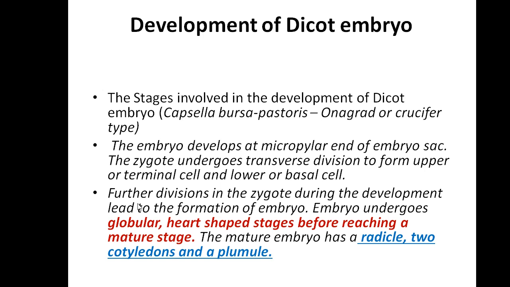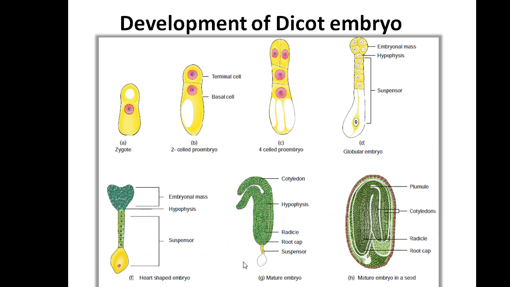If you look at the zygote, the embryo is first in the globular shape, next in the heart shape, and next it reaches the mature stage. The mature embryo consists of the radicle, which becomes the future root of the plant, the two cotyledons, which are the seed leaves, and the plumule, which in future becomes the stem. This is the zygote.